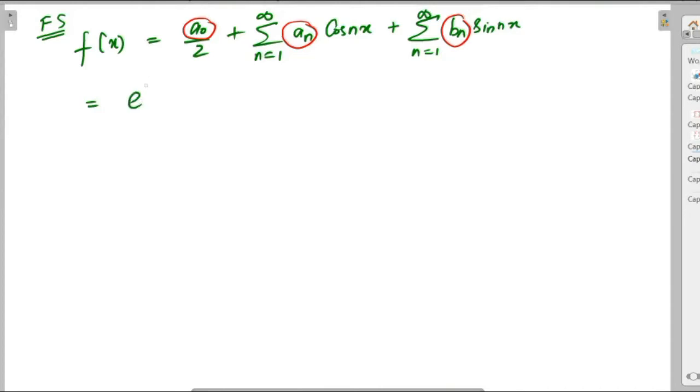You may get e power a pi into sinh a pi divided by 2a pi.